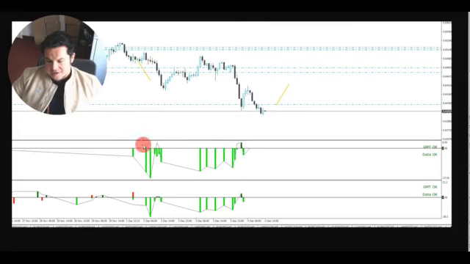That means if you have a red bar up here, it means that those sellers are in profit. Once it disappears from the upper histogram, it can still be seen in the lower histogram, which shows you the historical situation. So as you can see, the semi-smart money went short and took profit, okay?